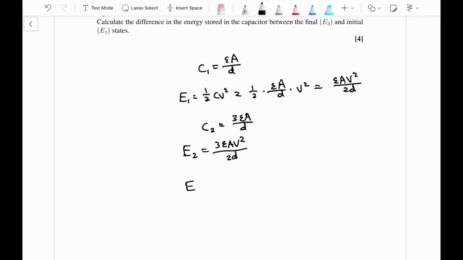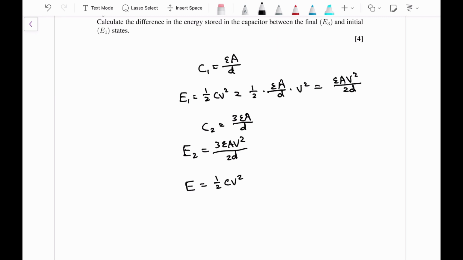What we know is that the energy stored in a capacitor can be expressed as 1 over 2 CV squared. I'm not sure whether V will actually change, but I suppose the voltage will change, and then the capacitance will change. However, we can measure the change of the capacitance, so we can keep C. What we know is that the charge will be fixed, so we need to express the energy stored in the capacitor in terms of the capacitance and the charge stored.